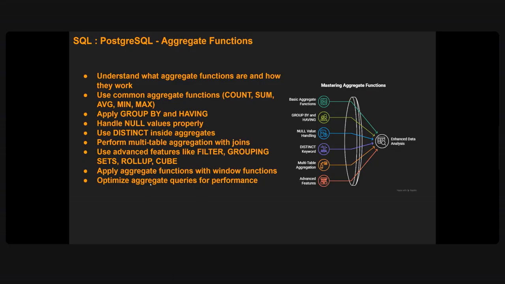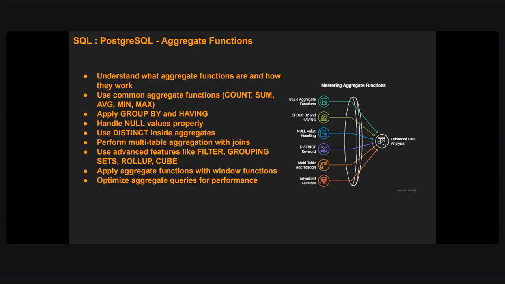Optimize aggregate queries for performance. If you want to increase your performance, you have to use aggregate queries, and build your query with a combination of group by, having, roll up, cube, filter, and all this. Then it will help you retrieve data sets very quickly and accurately.